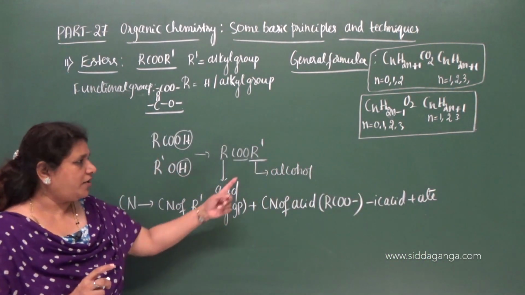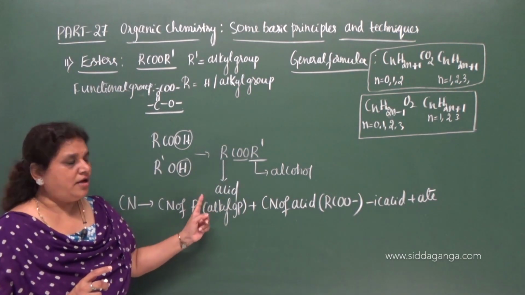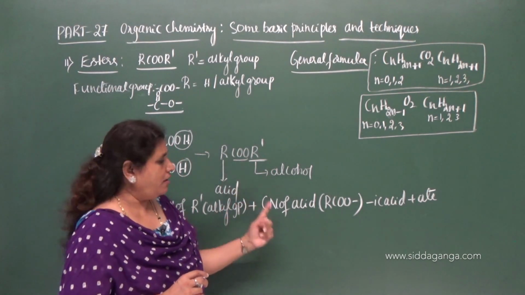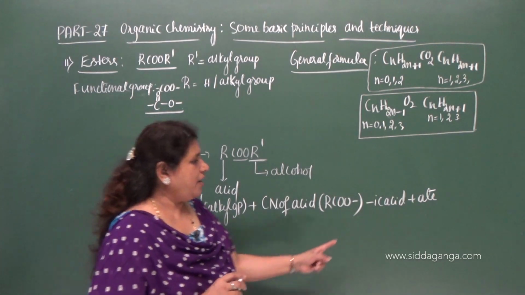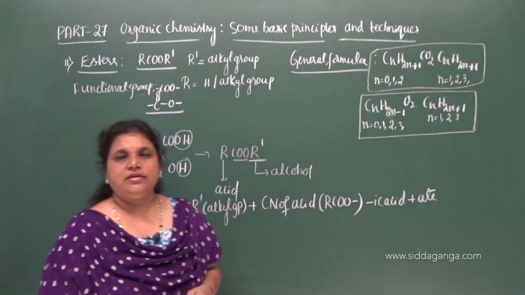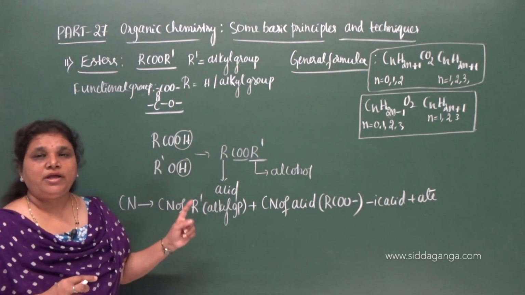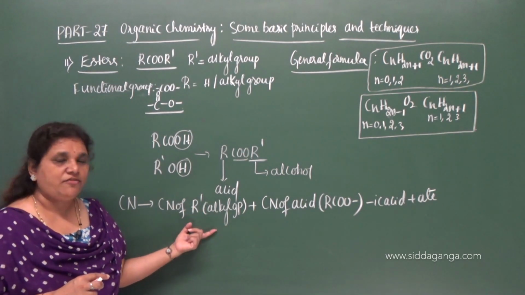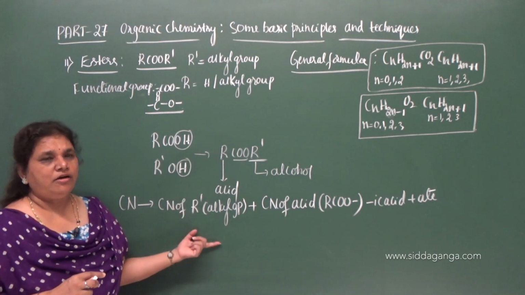So first you have to write the common name of the alkyl group R dash, followed by the common name of the acid, that is the RCOO group, from which you remove ic acid and add the word ATE, and that gives the common name of the given ester.